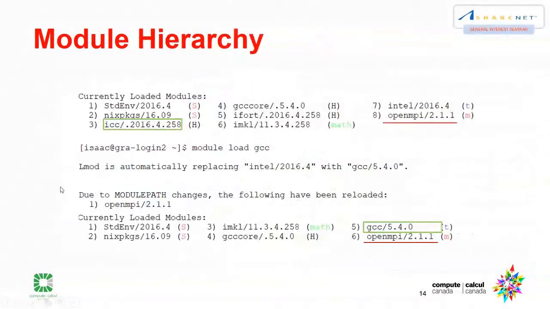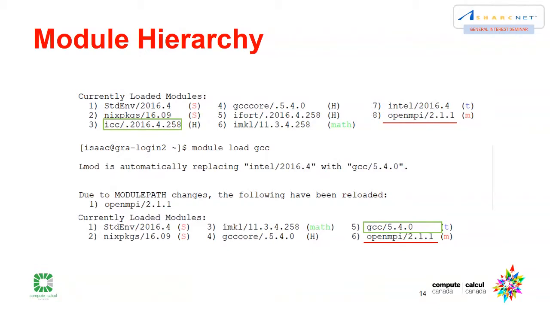So as I pointed out, when I have Intel compiler, the OpenMPI is actually connected with the ICC compiler, which means when you have an Intel compiler, you should have OpenMPI related to the Intel compiler. Otherwise, it's not going to work properly. When you do module load GCC, that will automatically replace Intel compiler with a GCC compiler, which means you don't actually need to unload Intel compiler and load GCC compiler.